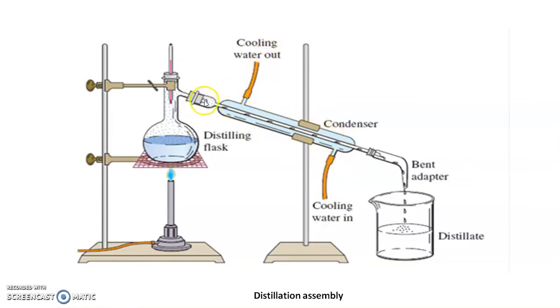From this tube, the fumes of our distillate go from this chamber, and these water inlet and outlet cool these vapors, and these cooled vapors are collected into the distillate or a specific beaker. In this way the distillation process can be carried out.